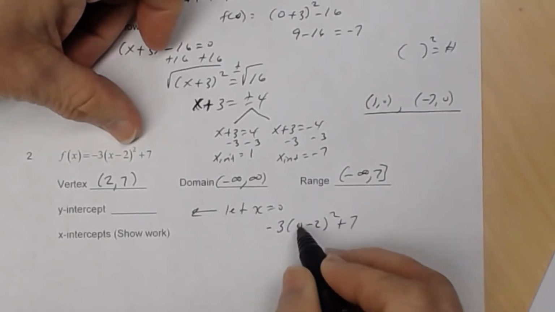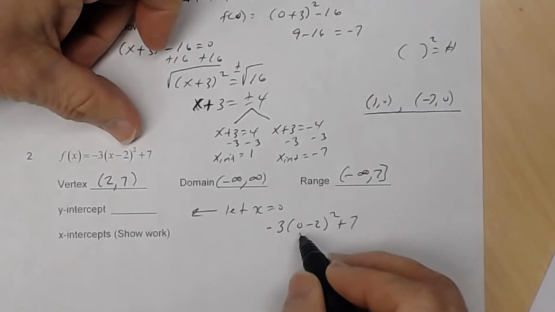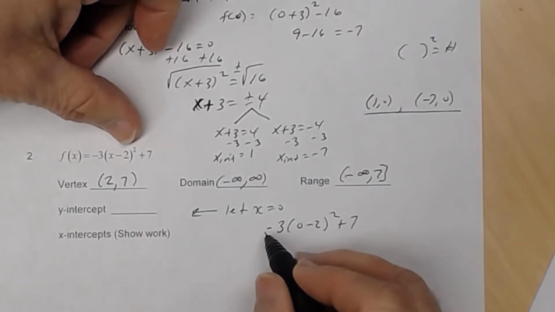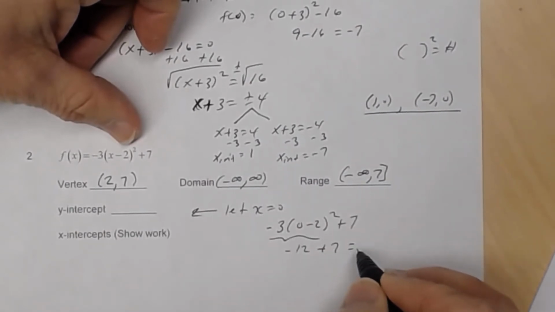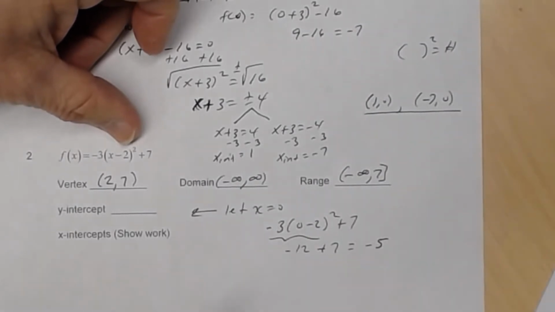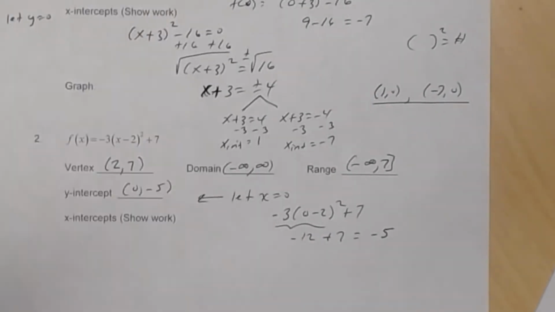Use your order of operations. 0 minus 2 is negative 2. Negative 2 squared is negative 2 times negative 2, which is a positive 4. Positive 4 times negative 3 is negative 12. And negative 12 plus 7 is negative 5. So my y-intercept is 0, negative 5.